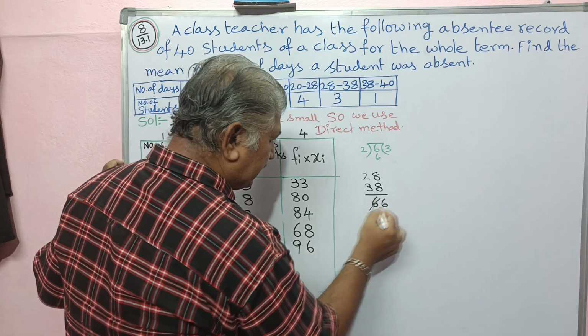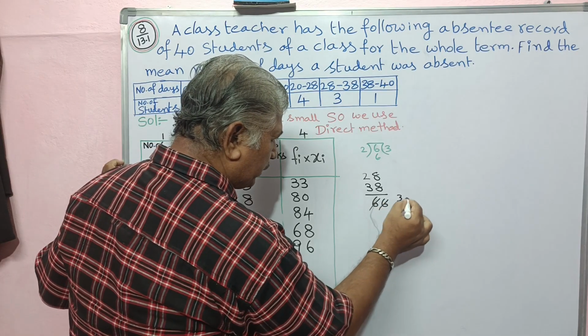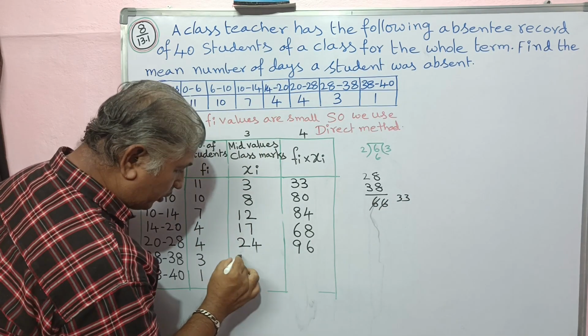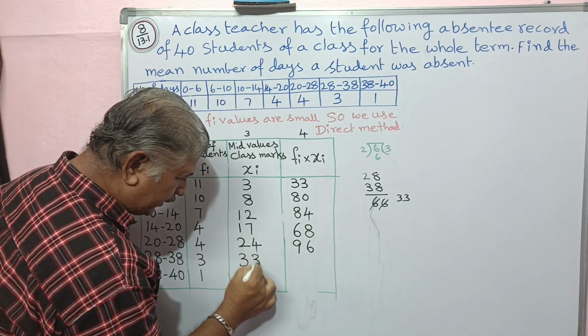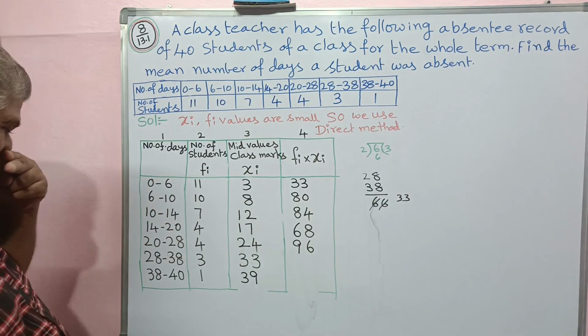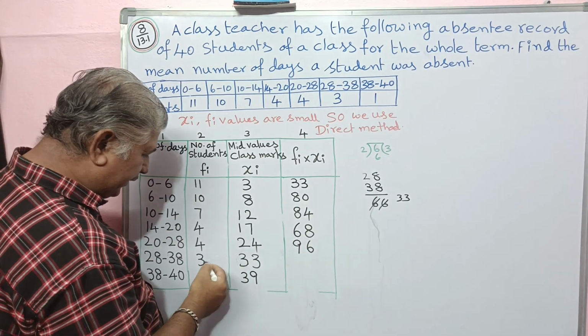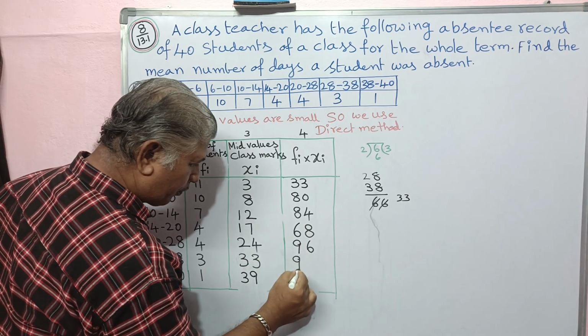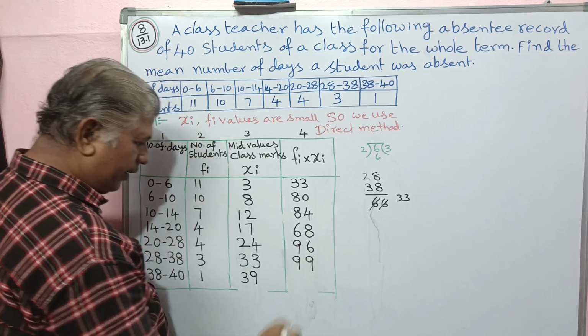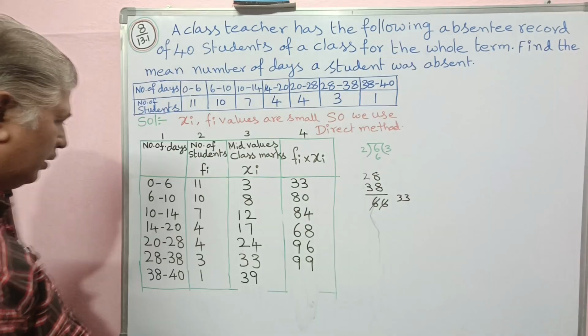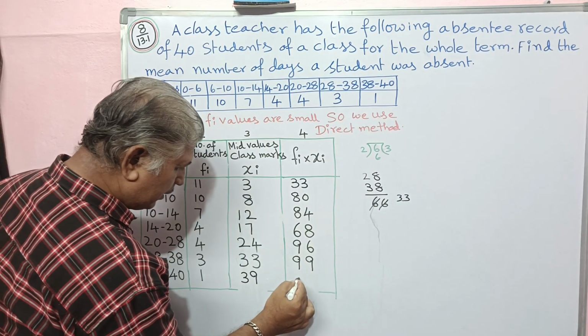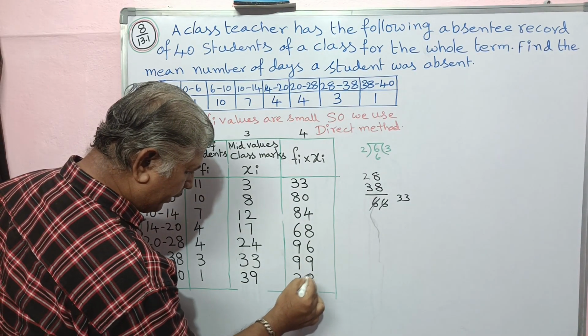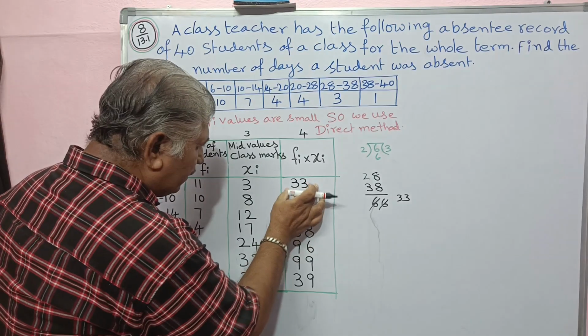Half of 66 is 33. Sorry, it is 33. So 33 into 3 is 99. 39 into 1 is 39.